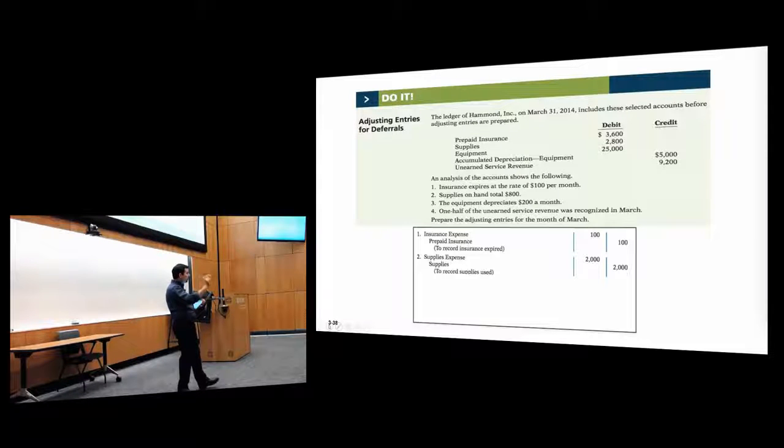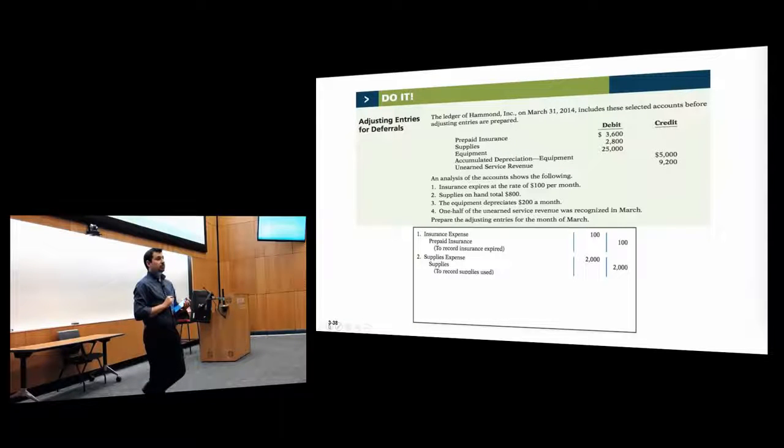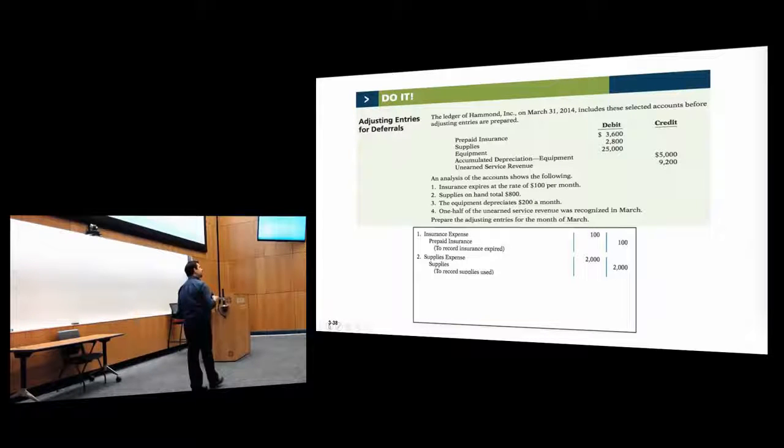Partially correct, not equipment expense, depreciation expense. So you debit depreciation expense, yes, and you credit equipment. We cannot credit equipment directly unless you are actually throwing away the truck. Remember the cost principle. What do you use? Accumulated depreciation. So you will be debiting depreciation expense and you credit accumulated depreciation, equipment.